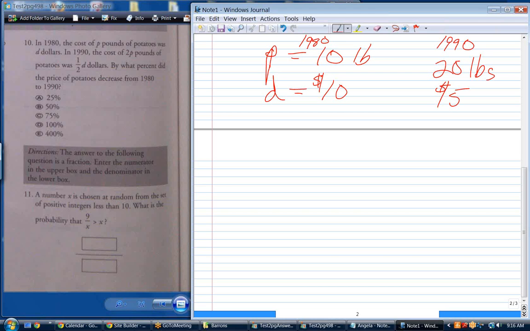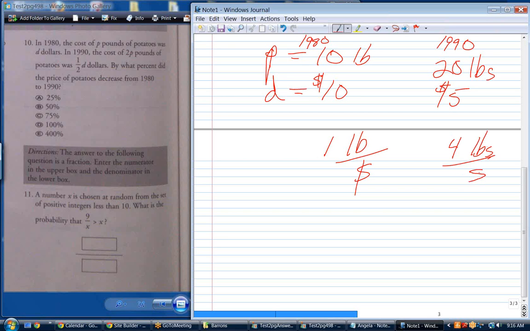There's one third step here that I don't know if you need to take or not, but you need to figure out the price per pound. So this would be 1 pound per dollar, and this would be 4 pounds per dollar, right? So this is 25 cents a pound.